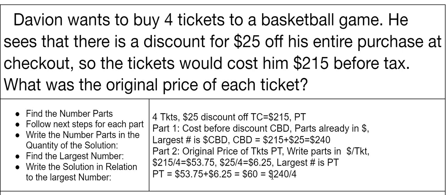Now we can see again, as before, we could have skipped to this part and just divided the cost before discount by 4. And so we did not necessarily have to divide each of the parts by 4 and add them together as we did in the original equation.